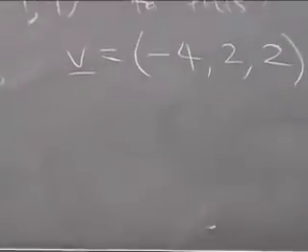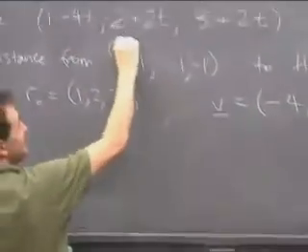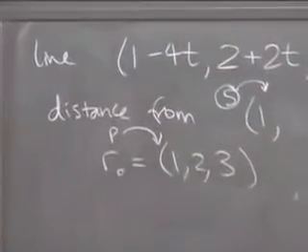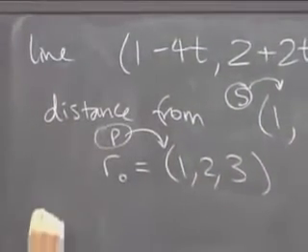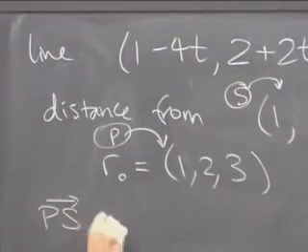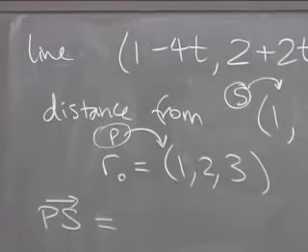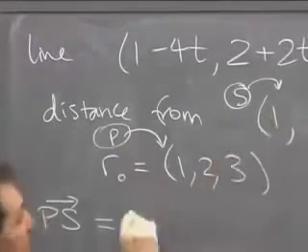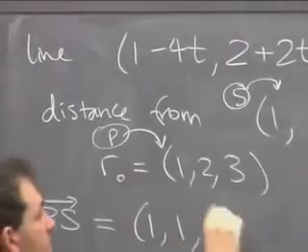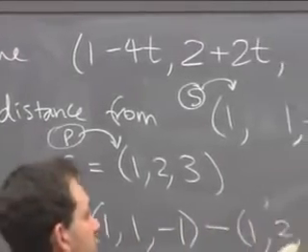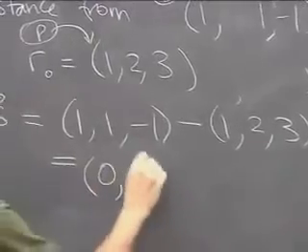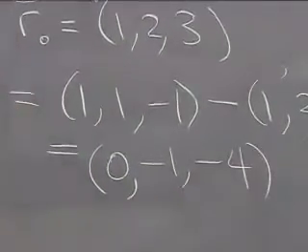So this I'm thinking of as S, and this I'm thinking of as P. So the vector from P to S, although this would also work if you went from S to P. From P to S, I take S minus P, and you get 0, minus 1, minus 4.